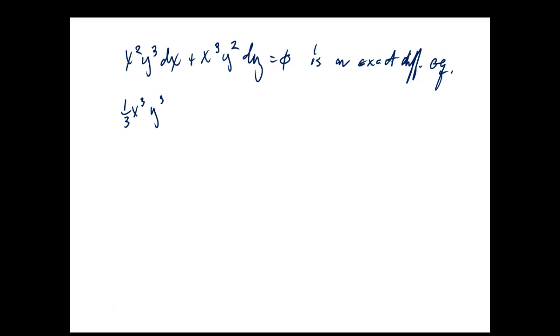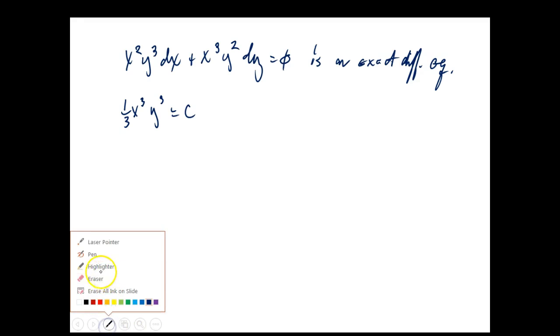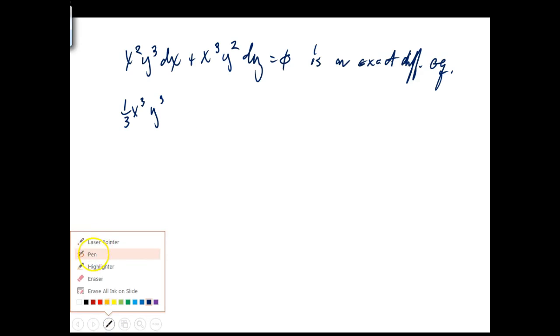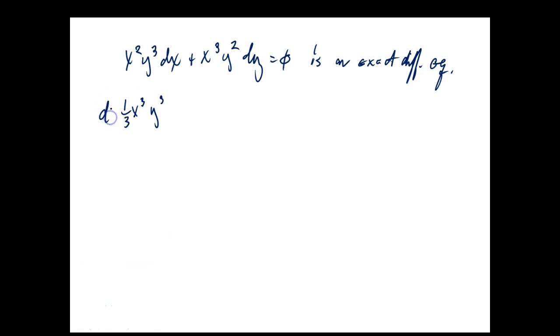Now this one though could be equal to c, some constant. Okay. I'm going to take out that C for just a moment here because I want to do more with it. What we've got here, the exact differential of this thing is that thing, okay?